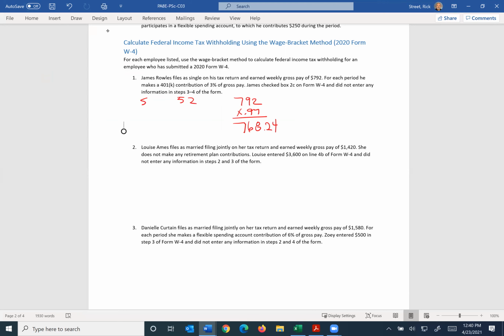It says James checked box 2C, so that box is checked. We will want to use a particular side of that table on Form W-4 and did not enter any information in 3 or 4, so we won't bother with that. So truly, this individual is single, no children, no dependents, paid weekly, and the weekly pay for this week is $768.24. So let's go to our worksheet.